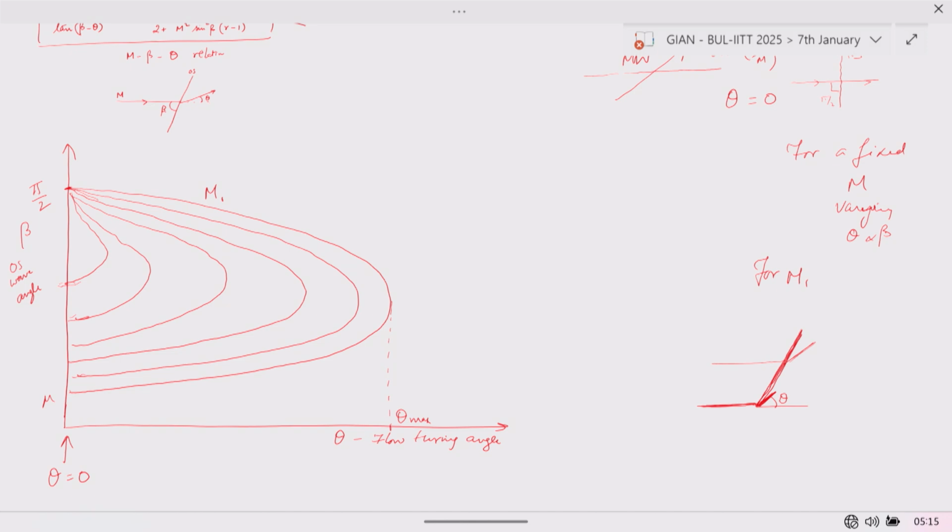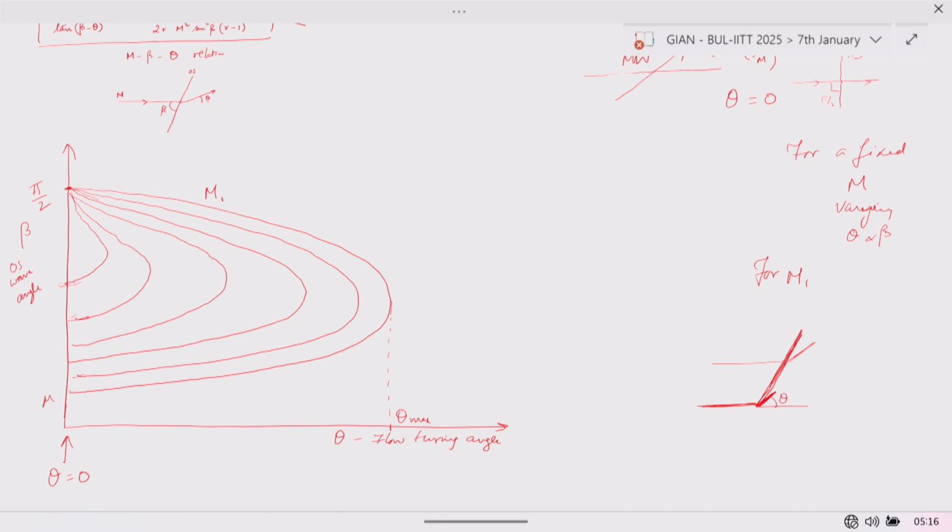Up to theta max, the shock will hold on to the tip, and you have an oblique shock solution. But once theta is greater than theta max, the shock cannot hold on to it, and it becomes a bow shock. You don't have an oblique shock solution. So for a given Mach number M, there is one theta max value.